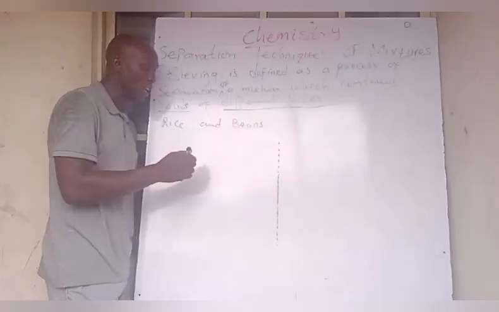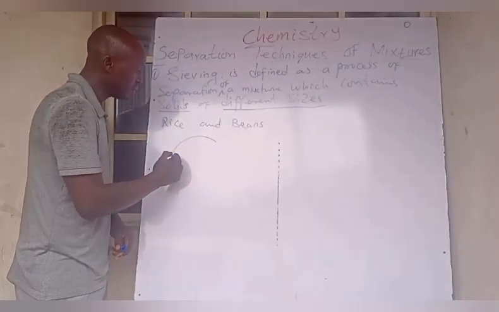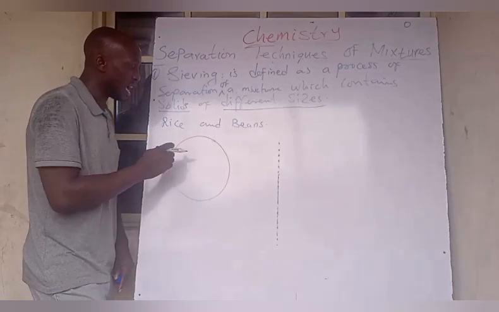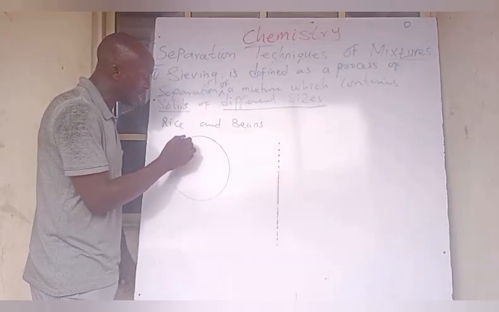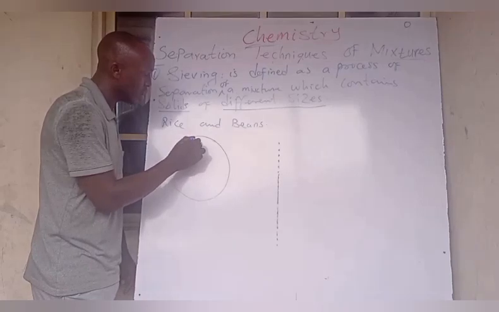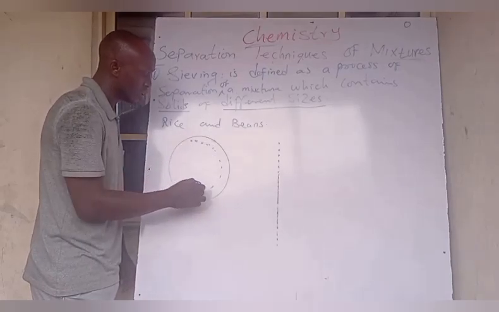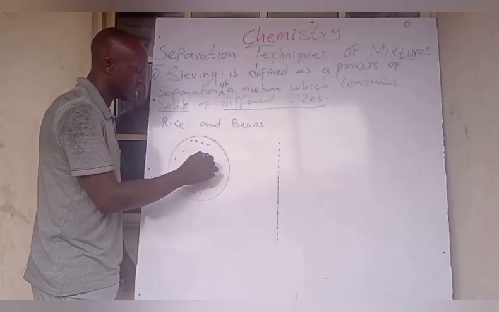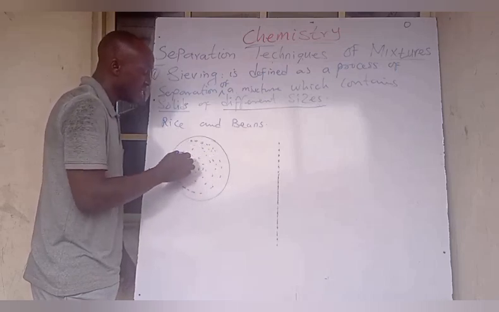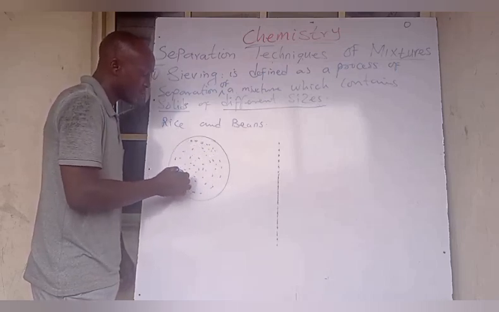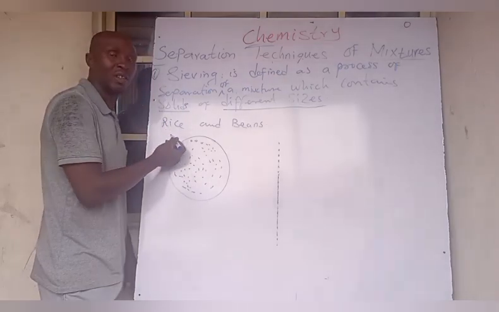So if I have a tray, for example, and I want to make a sieve from this tray, I will make holes, and the mesh will be equal in size to that of the rice.